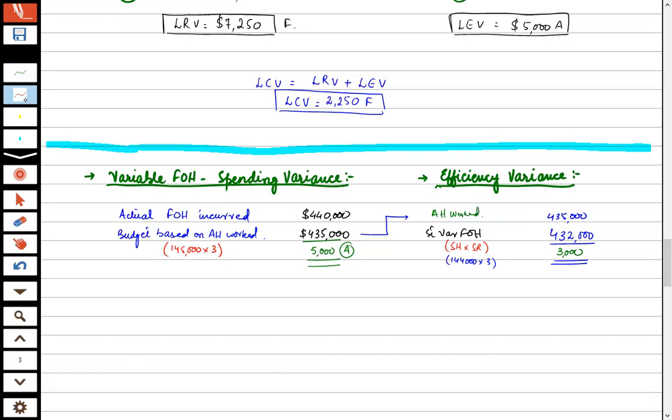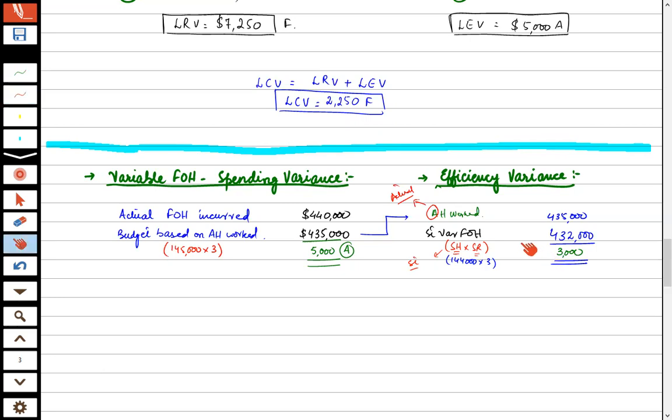So here the sense is for actual, and in this case the sense is for standard, because standard hours and standard rate. So it is all about standard. Now we will consider the standard. If standard is lower than actual, then it will be adverse, and if standard is higher than actual, then it would be favorable.